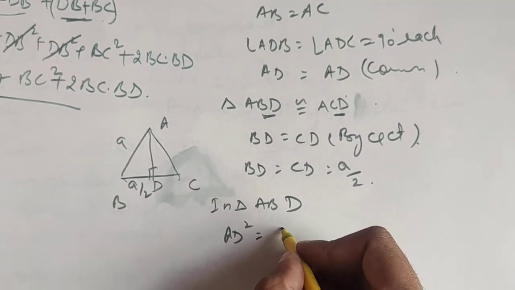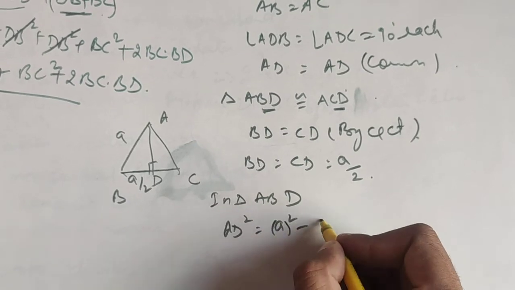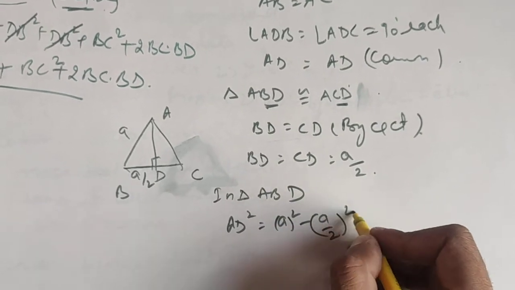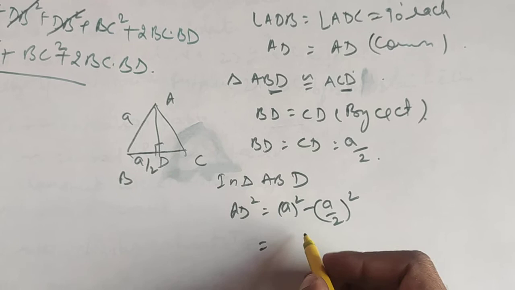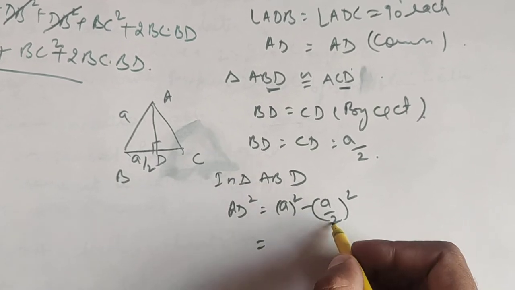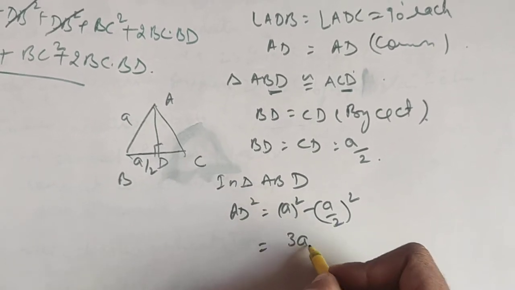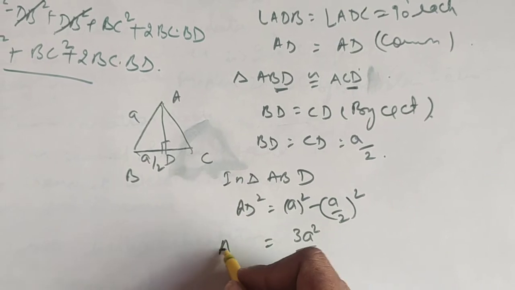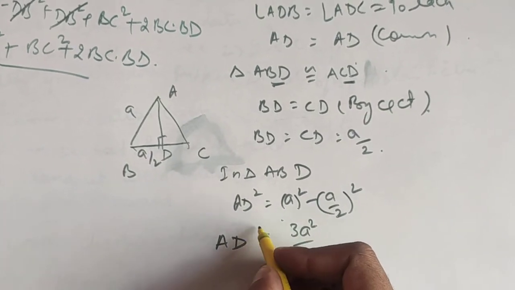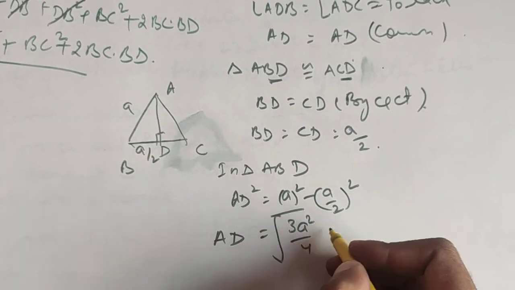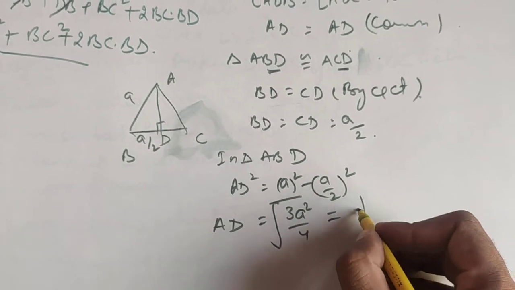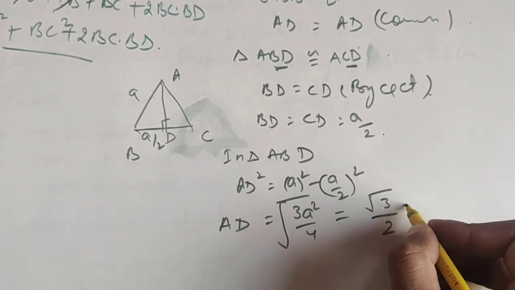AD square will be AB square minus BD square by Pythagoras theorem. On solving this we have A square minus A square by 4, which is 3A square by 4 equal to AD square. After this AD will be the root of 3A square by 4, and it will be root 3 by 2 A.